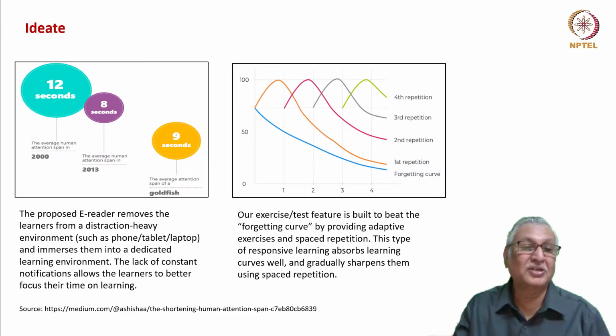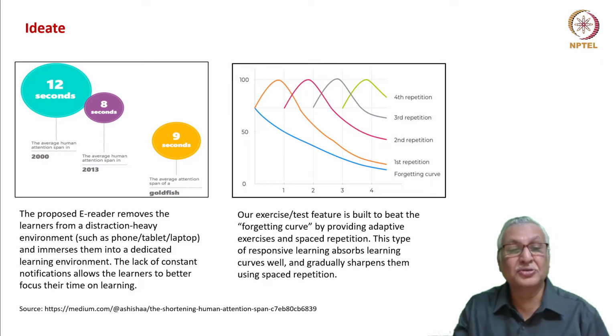And then in the ideation phase, what is the key sticky point? The research proves that the average human attention span was 12 seconds in 2000, but it has reduced to 8 seconds, and now it is at a level corresponding to the average attention span of a goldfish, which is constantly on the move in a fish tank.